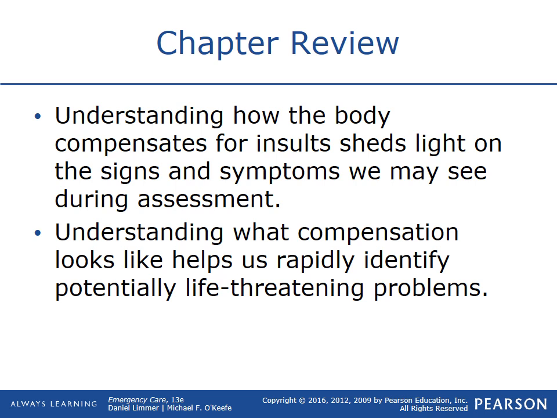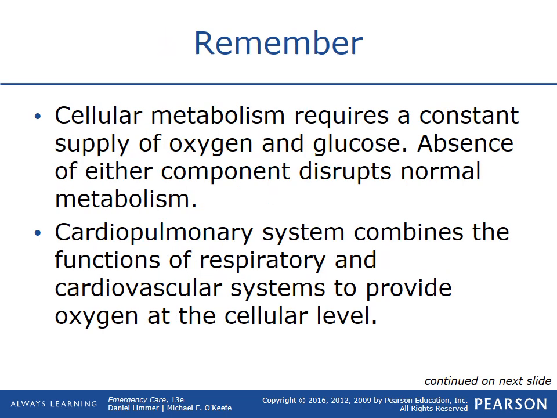So, understanding how the body compensates for insults sheds light on the signs and symptoms we may see during assessment. And understanding what our body does to compensate helps us rapidly identify potentially life-threatening problems. Cellular metabolism requires a constant supply of oxygen and glucose.